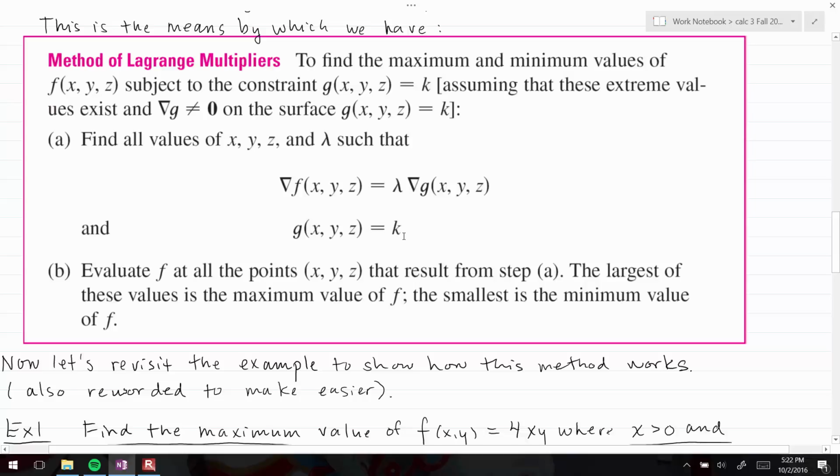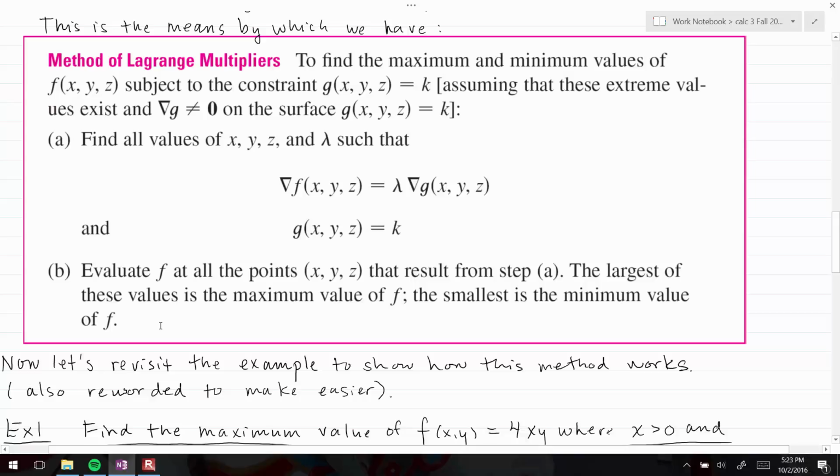Then you basically solve the systems that result from these. You're going to get one equation for each component that has lambda in it, and then usually you do some algebra to solve those systems and relate it with this constraint. Or so it's been in the problems I've done so far.